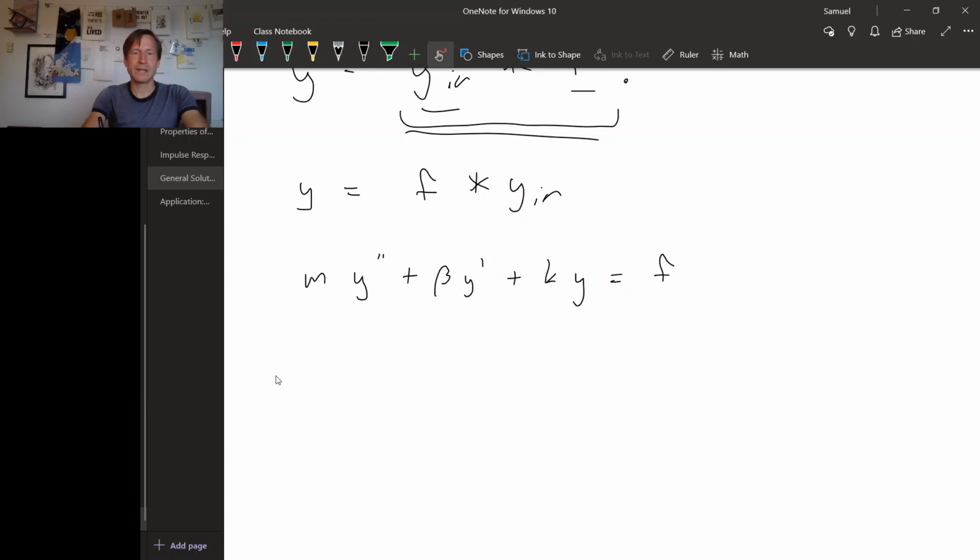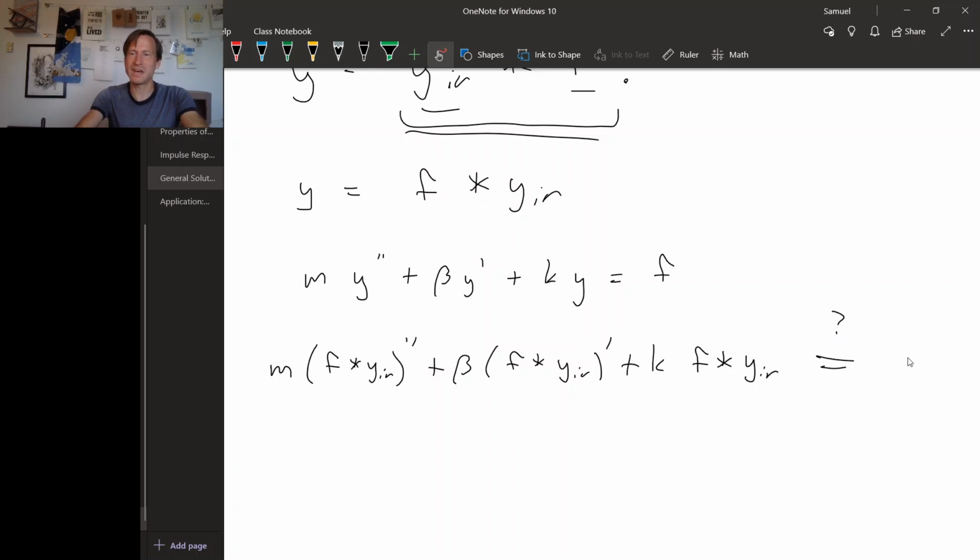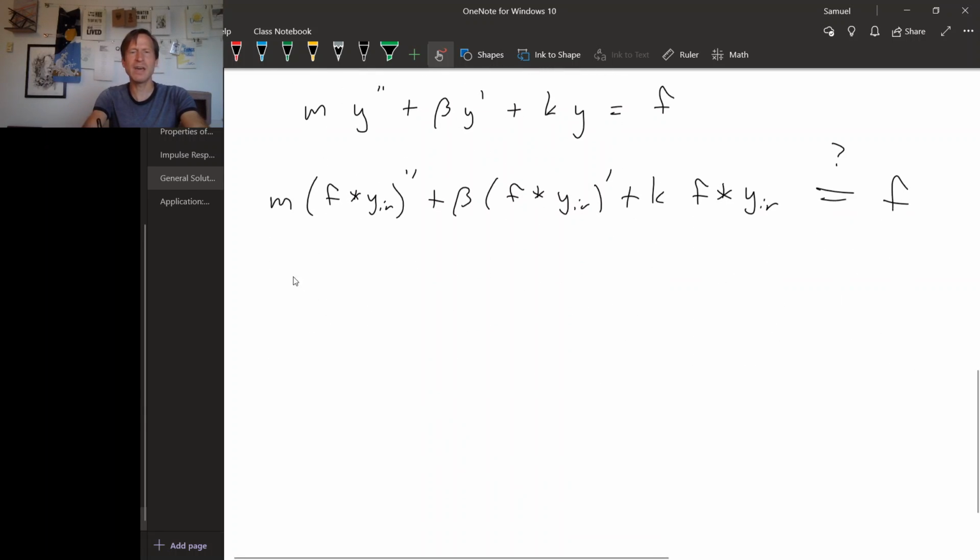When we do that, we get m times the second derivative of f convolved with the impulse response, plus beta times the first derivative of f convolved with the impulse response, plus k times f convolved with the impulse response. And we want to know, is this equal to f? Remember we worked out a formula for the derivative of a convolution.